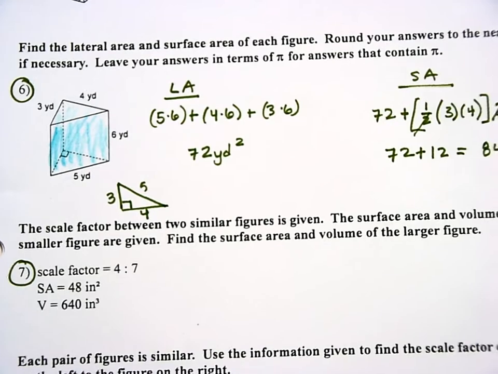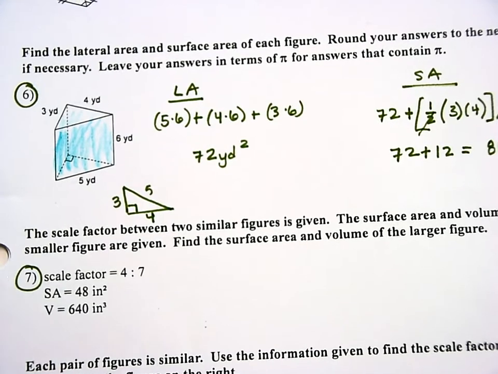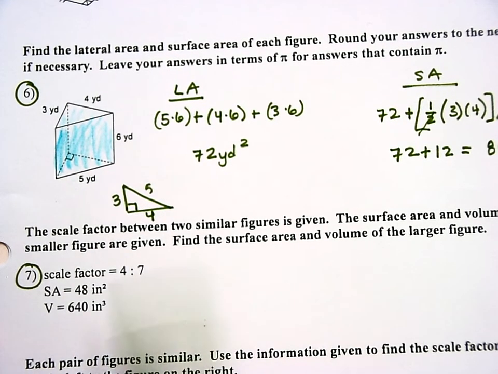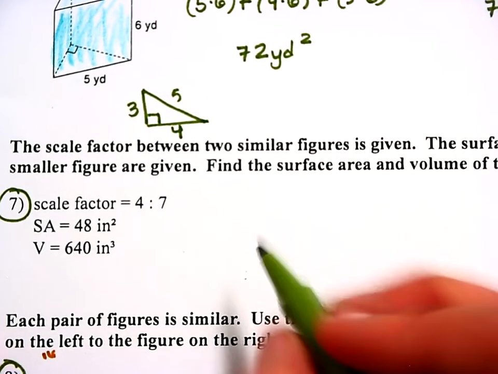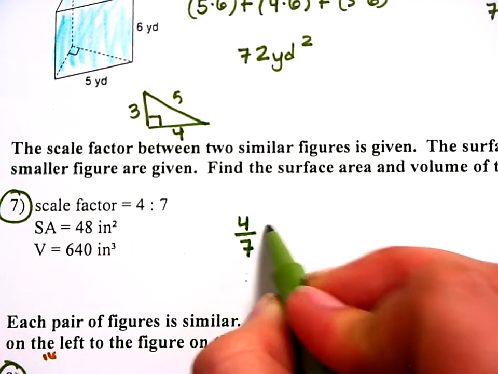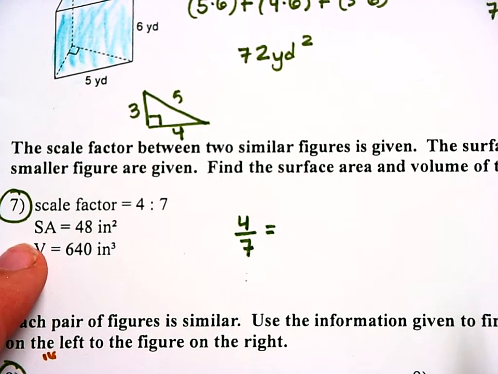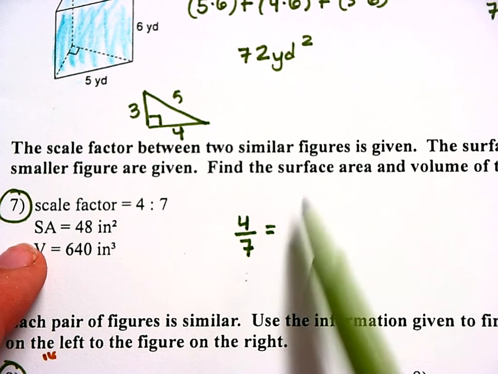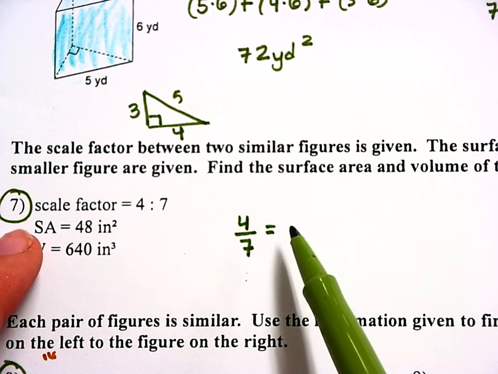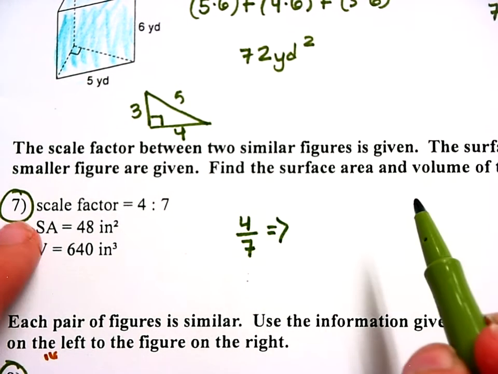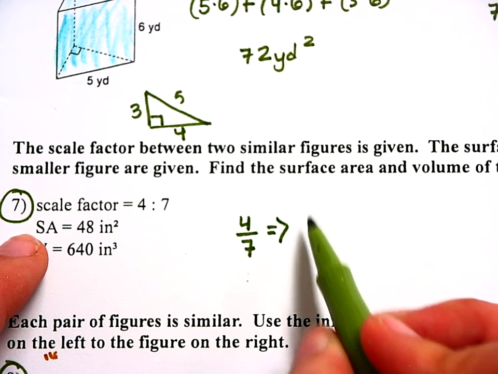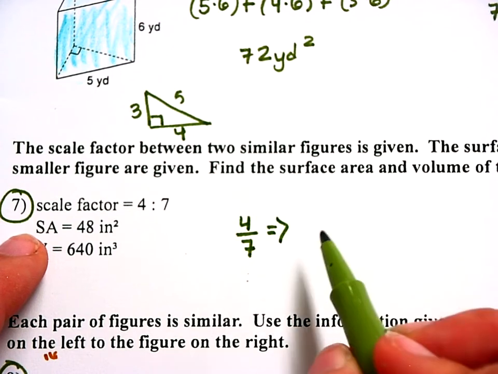Okay, next problem, we are talking about scale factors. So we've got 2 objects, and the scale factor is a 4 to 7 or 4 over 7. And so I like to think of that as a fraction, 4 over 7. And that's going to equal the ratio of the lengths. But we're not talking about lengths, we're talking about surface area and volume. So that means for surface area, I need to square both of those numbers to find the surface area factor.